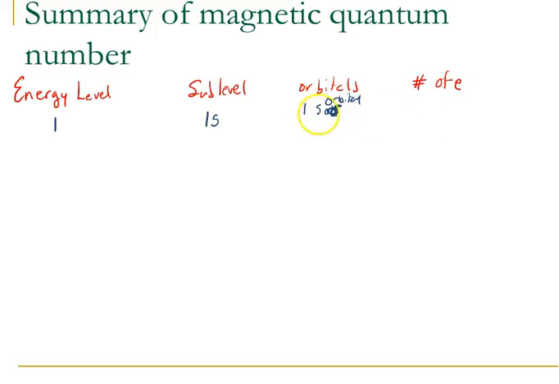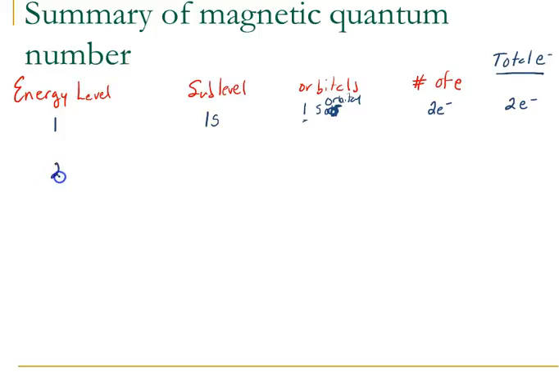And that one s orbital, since every orbital holds 2 electrons, holds 2 electrons, total electrons, 2. So all of the electrons on the first energy level are in an s orbital inside of an s sublevel inside of the first energy level.